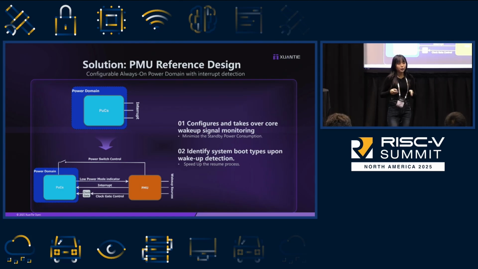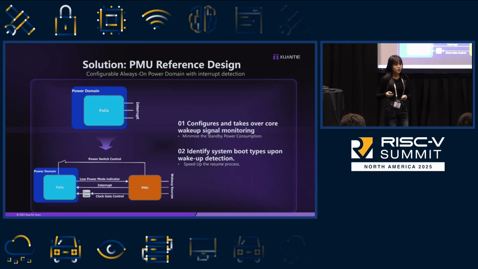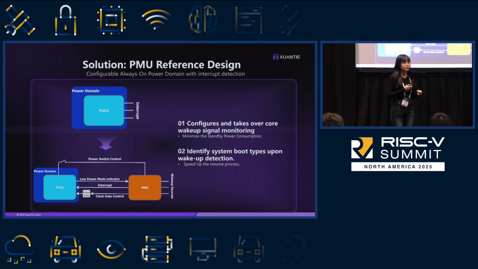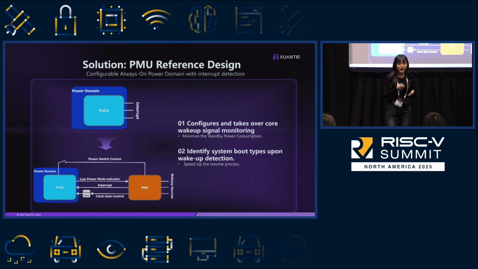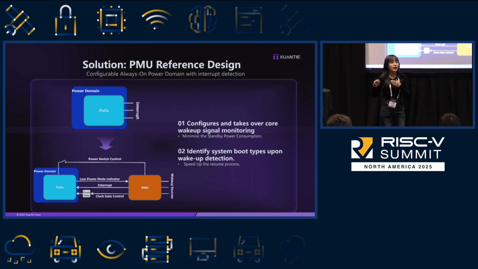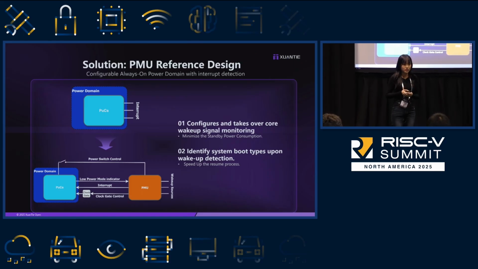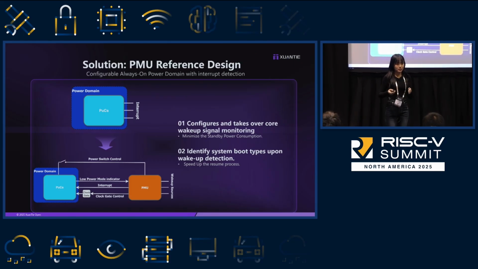The PMU will take over the system controller's work to monitor the system and let the system controller sleep, in which case we will save the power. And then it will let the boot core jump from another fixed address, which will let us bypass the cold boot process, in which case the resume time is cut down.